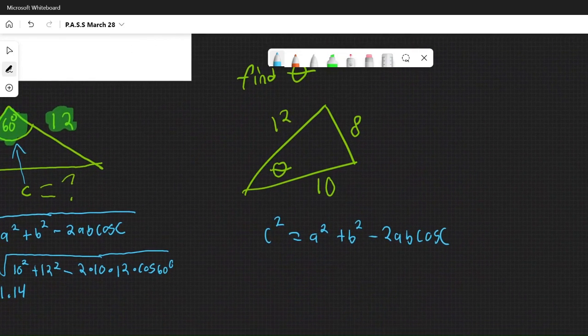You may be given this formula, so you might not have to rearrange it, but it depends on who your teacher is, I guess. So we are going to rearrange for our cos c. So we'll have c squared minus a squared minus b squared equals negative 2ab cos c. Now we're going to divide by negative 2ab.